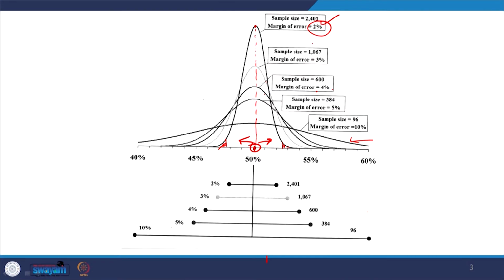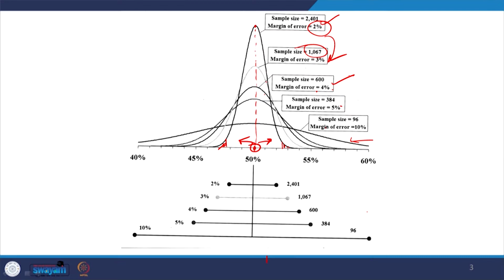When the sample size is lesser compared to the first one, your marginal error actually increases, because the distribution is now getting more chaotic. And when the sample size is 600, margin error increases. Therefore, margin error and sample size are inversely related to each other.